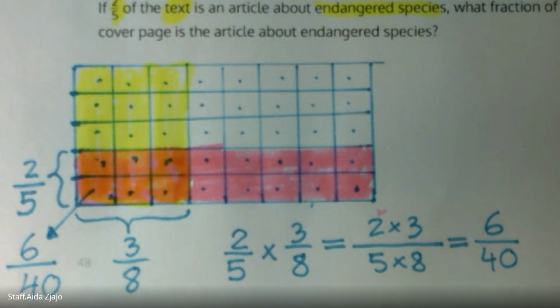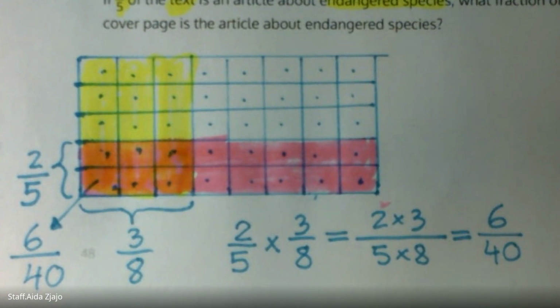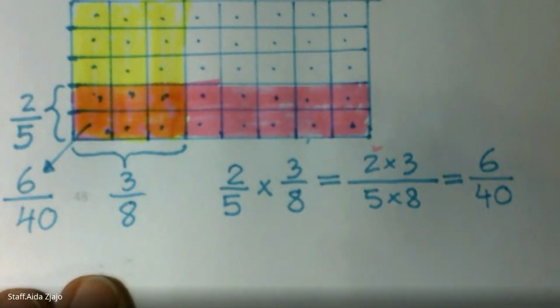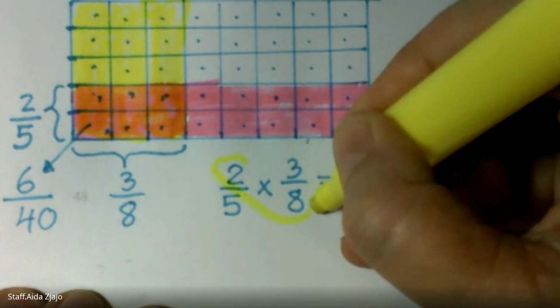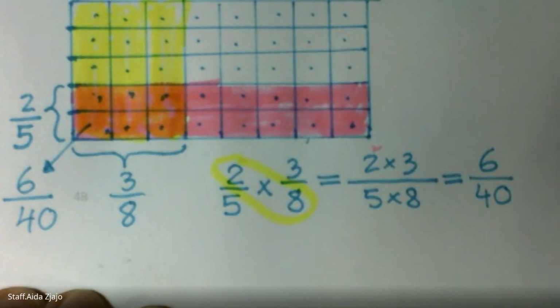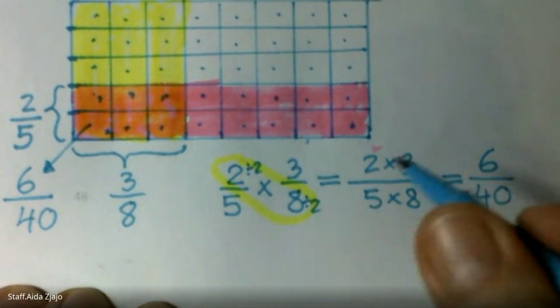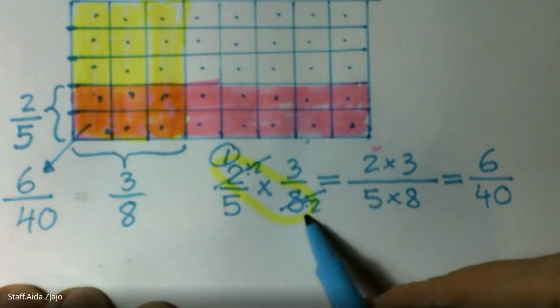But they could say, "What is your answer in the simplest form?" Two ways to do that is by looking across. 5 and 3 do not have a common factor, but 2 and 8 can be simplified because you can divide both by 2, and then this becomes 1 and this will become 4.